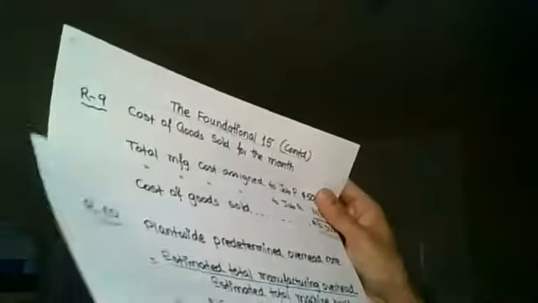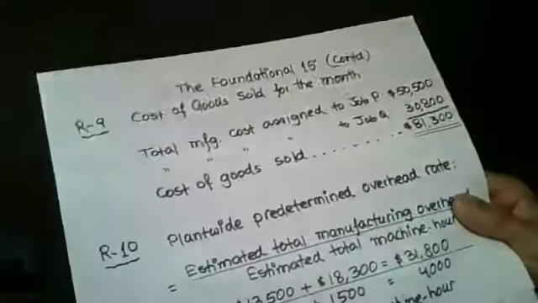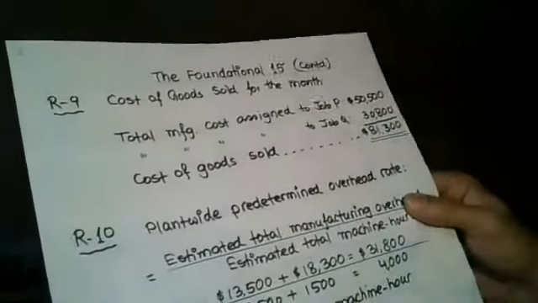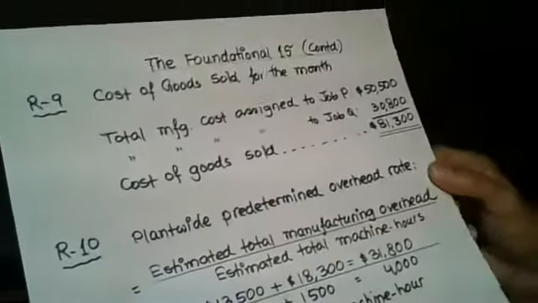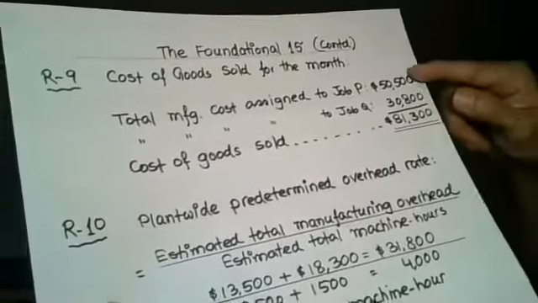but see this. The two 81,300s. What I wanted to show you is that whatever way you allocate your overhead, the total cost has no escape.